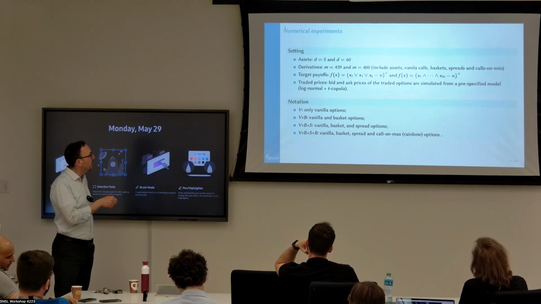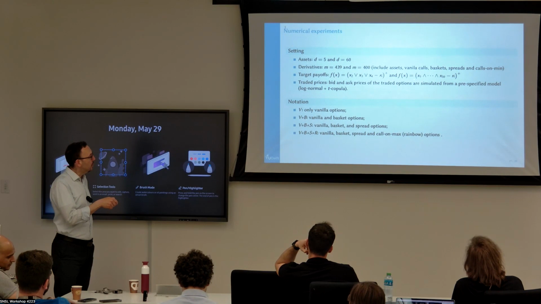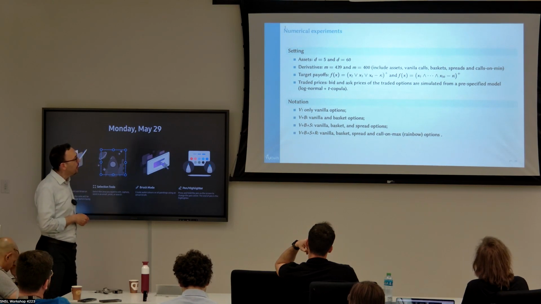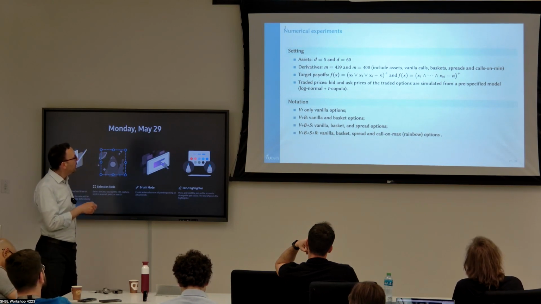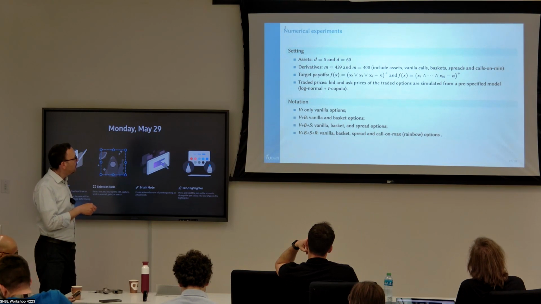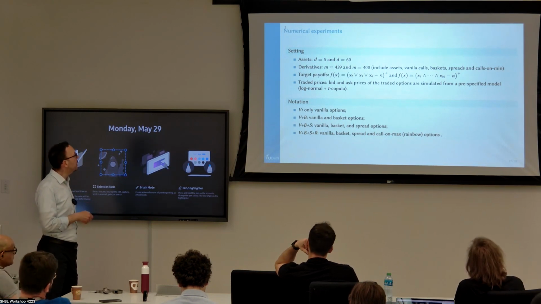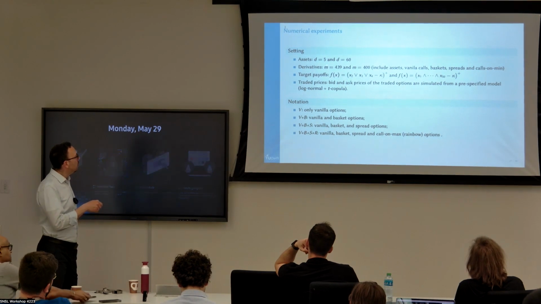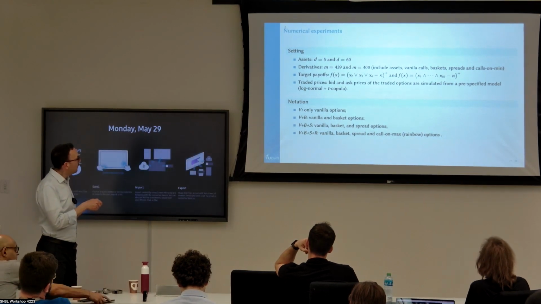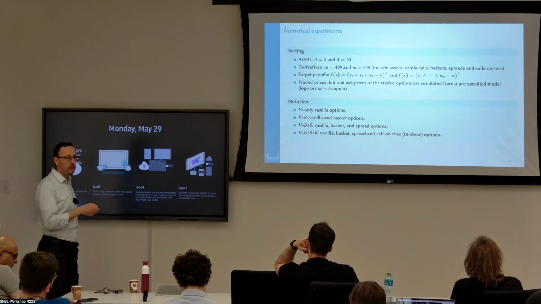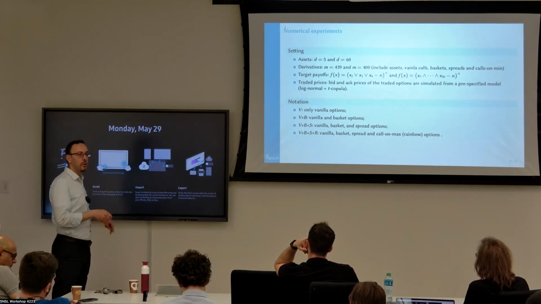Then you put 2 target payoffs, of this type, like call on min or call on max. Now you generate prices, assuming that the marginals are log normal and coupling everything with a t copula, generating the prices of these 439 and 400 derivatives from this specific model.